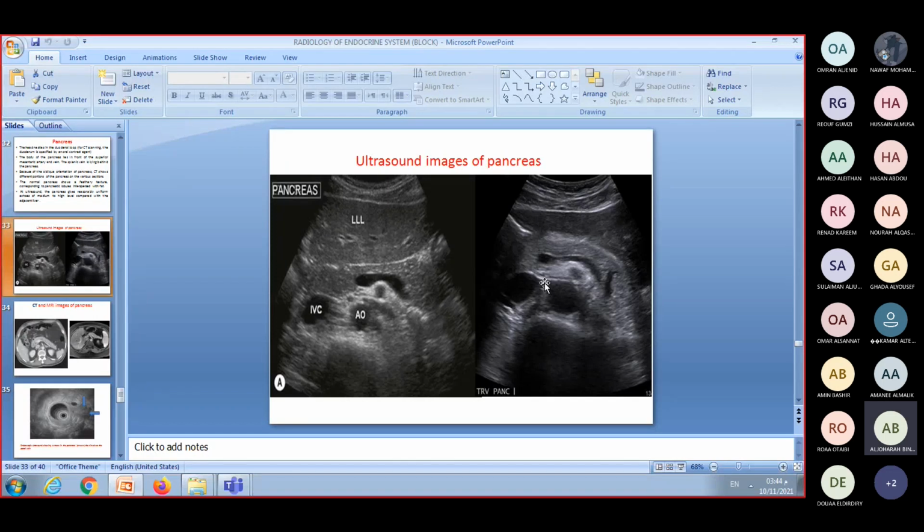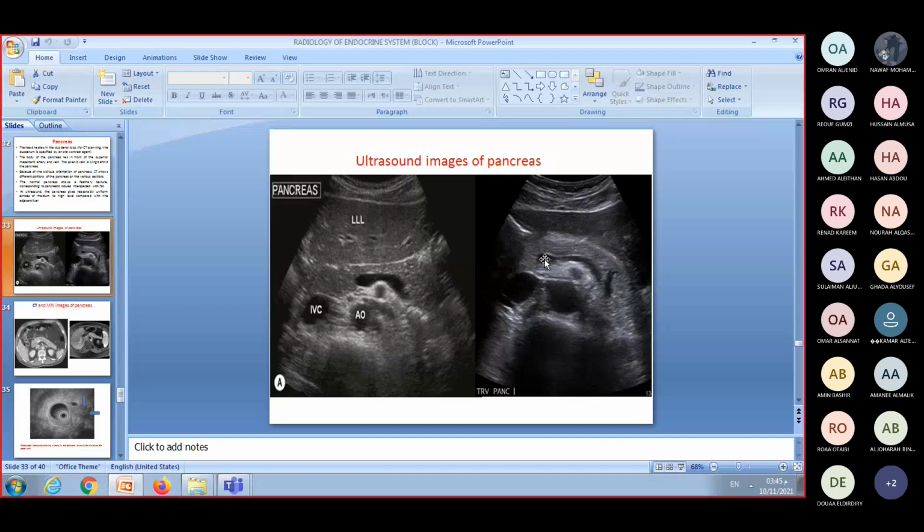Doctor, in this slide, can you show us the arteries and veins? Yes. This is the aorta and this is the IVC. This is the portal vein, and this is the splenic vein running horizontally. As you know, the splenic vein joins the superior mesenteric vein to form the portal vein.